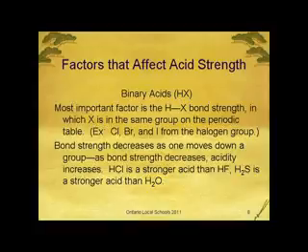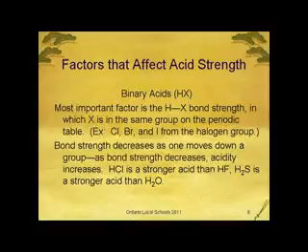So the most important factor is the bond between the hydrogen and the atom represented, or element represented by X, in which X is in the same group on the periodic table. So for instance, when we look at the halogens, they would include chlorine, bromine, and iodine in terms of the strong acids from the halogen group. As bond strength decreases as one moves down a group, acidity increases. And this should make sense to us because the weaker bond strength between the hydrogen and the nonmetal element that it's bonded to means that the hydrogen can be released more easily or taken away more easily.